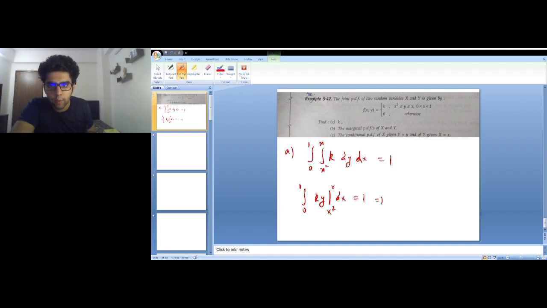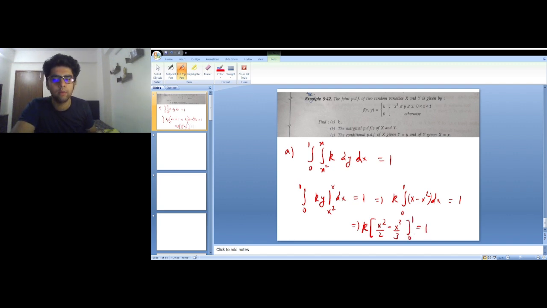So this will give me k, which is a constant term, so I'll take it out, integral from 0 to 1, and if I put in the limits in place of y, I'll be getting x minus x square dx, right? So this will give me, and this is equal to 1, x square by 2 minus x cube by 3 from 0 to 1.